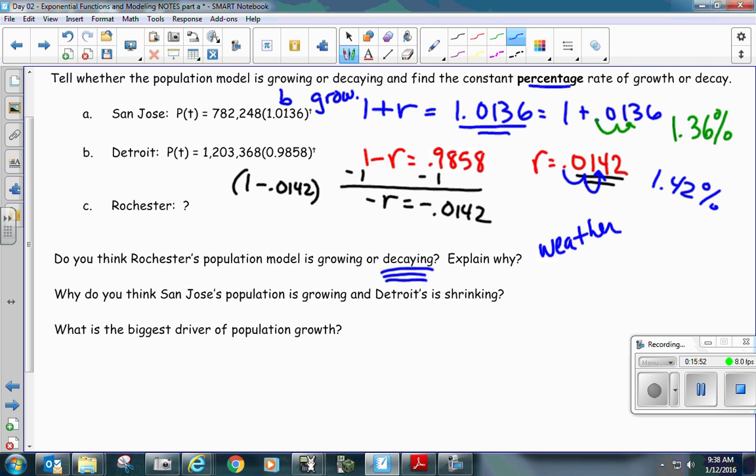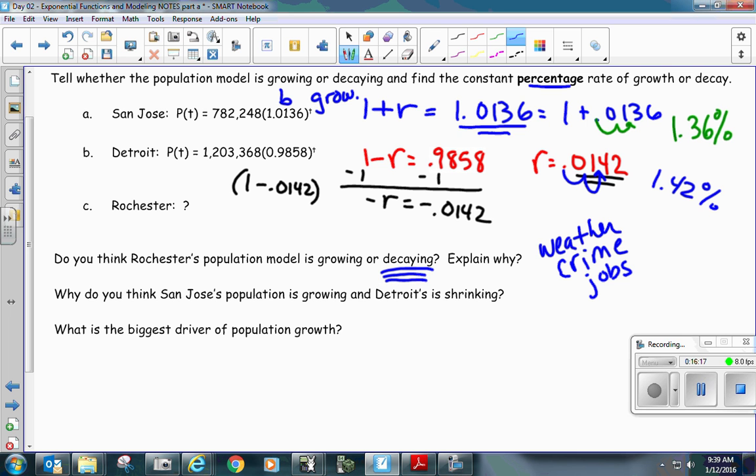Crime. What else? If you're an adult and you move here, what do you have to find? Jobs. There need to be jobs, right? Well, that new company's moving in. I forget what it's called, some tech lab place. Yeah, and it's supposed to bring a lot of jobs, so people might come in, and the population might grow.